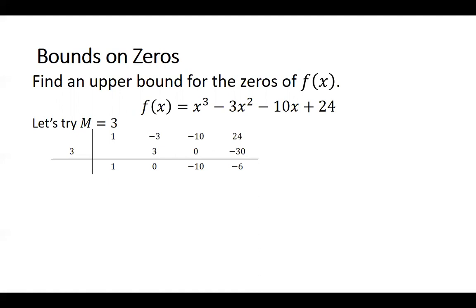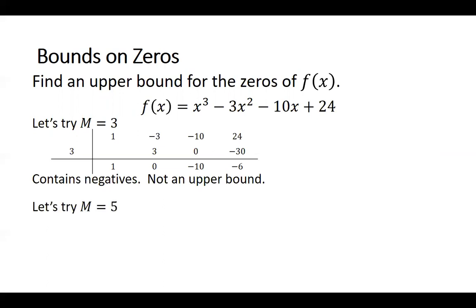I'm going to do synthetic division for this, plugging in our 3 as our capital M, and we get 1, 0, negative 10, negative 6. Now remember, for an upper bound, we're looking for all of these values to be non-negative. And I see negative 10 and negative 6, so it contains negatives, and it's not an upper bound.